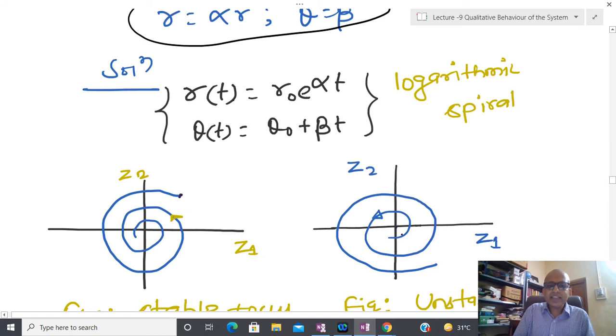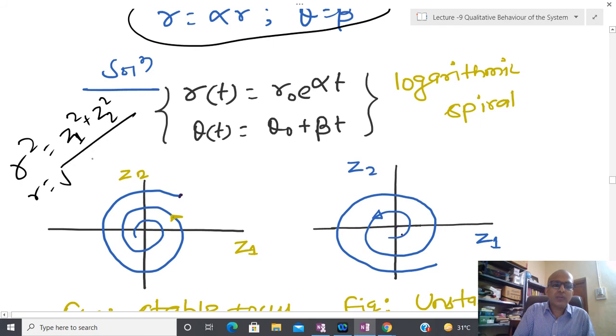In this two-dimensional plane, r square is z1 square plus z2 square. So you can also understand that similarly I can write like this also.